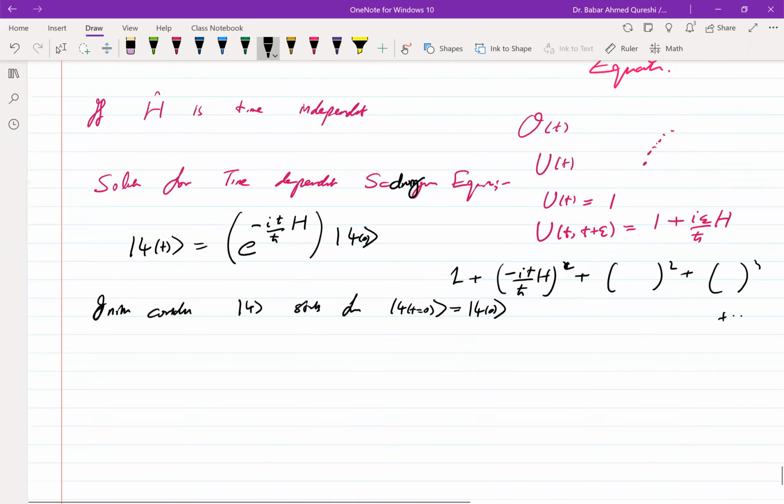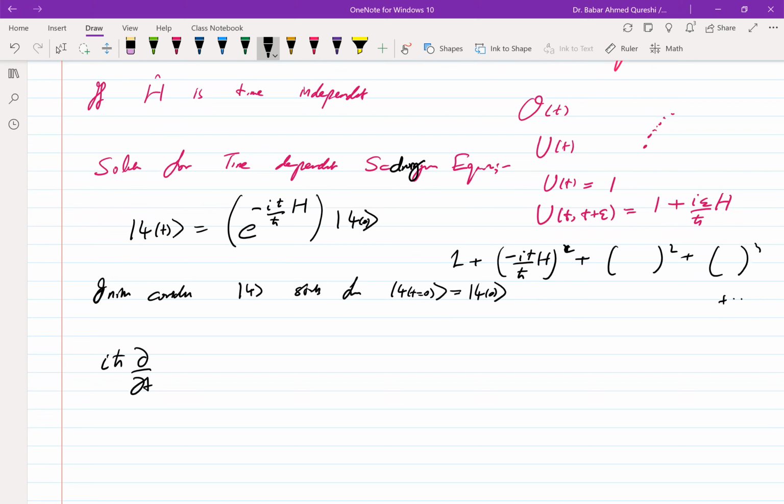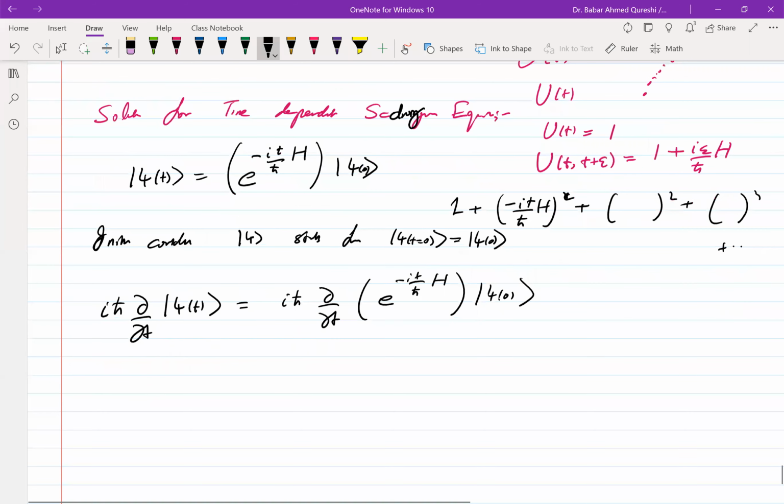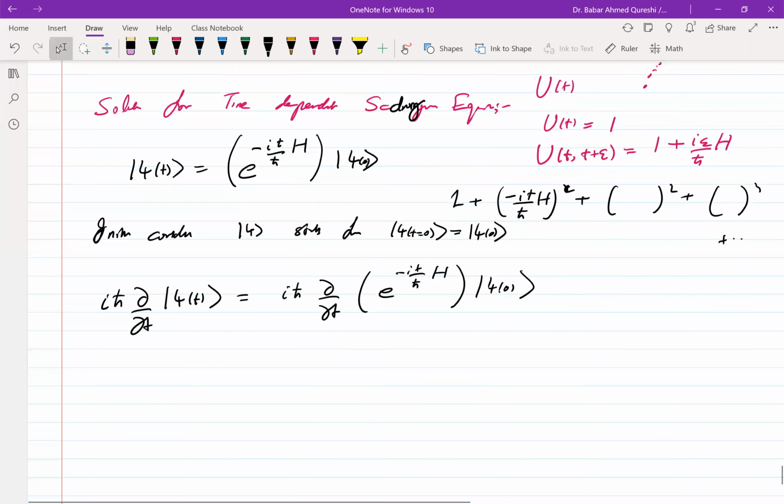Because if I do this, so I get iota h bar into minus iota over h bar h.